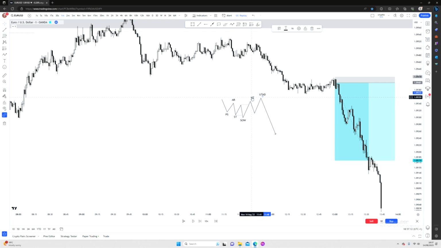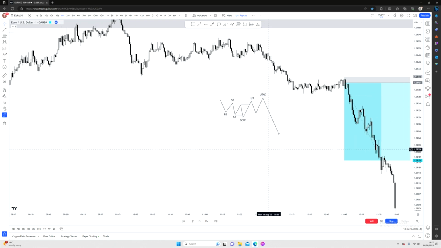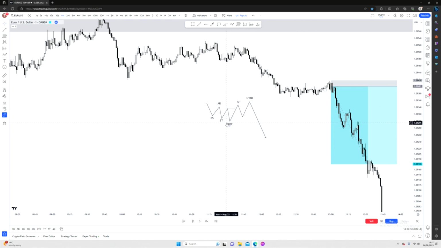Cool. So forget all the labels, they're really not necessary. For Wyckoff to be simplified, all you want to see is a liquidation of a low followed by a liquidation of a high, and then finally you want to see another liquidation, and then the price will go.